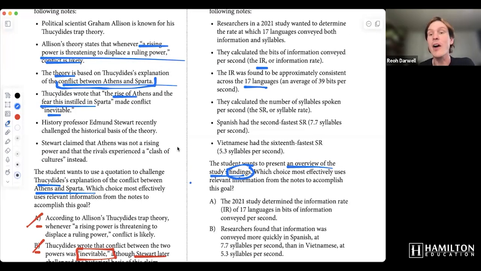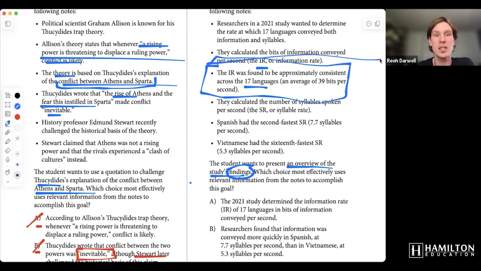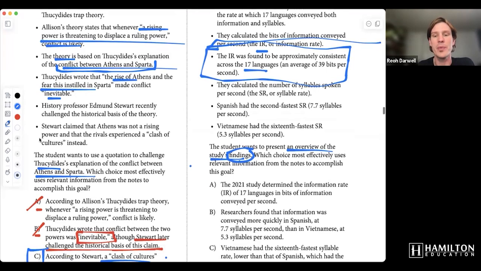So no matter how fast you speak syllables, you convey the same amount of information in the same span of time. This is the biggest finding. So the answer choice has to say something along the lines of, despite differences in syllables, IR is the same. Okay.